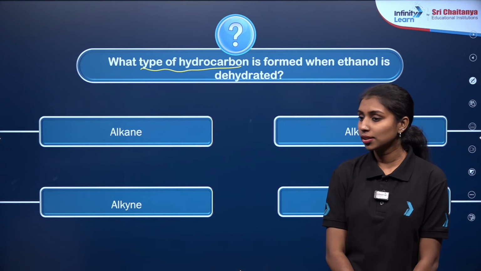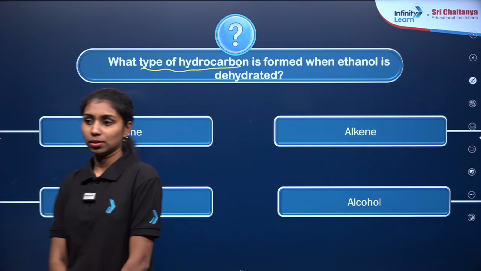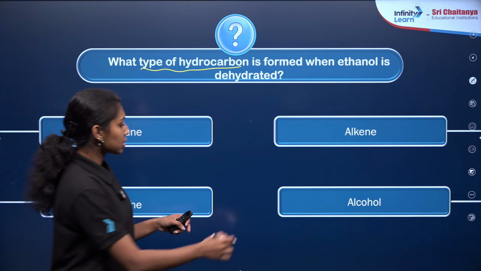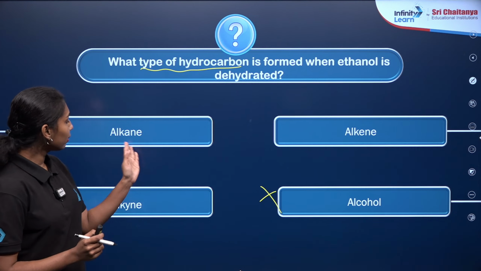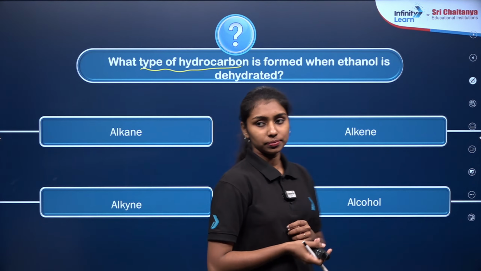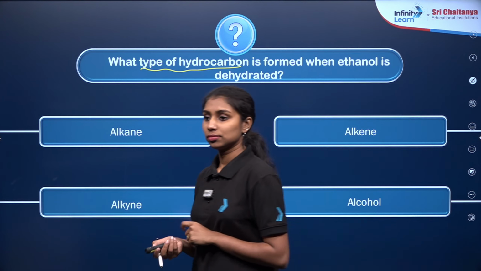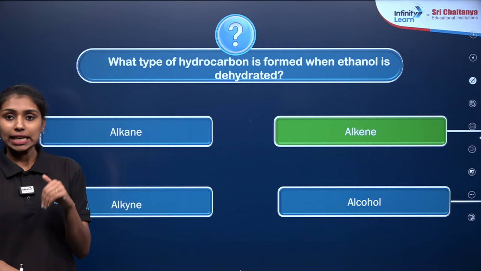No answers? From the options itself, we can just remove the alcohols, right? Because these are not hydrocarbons. So we can just check whether it is alkane, alkene, or alkyne. Arush, are you sure it is alkyne? Alkene is our correct answer.